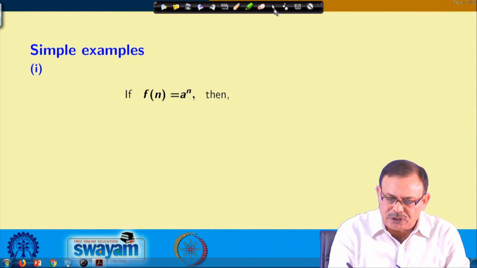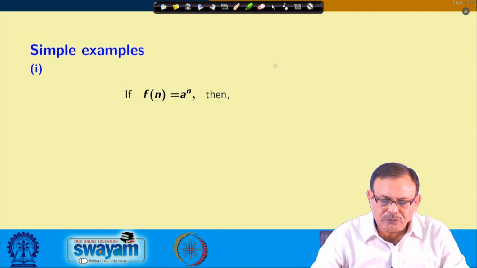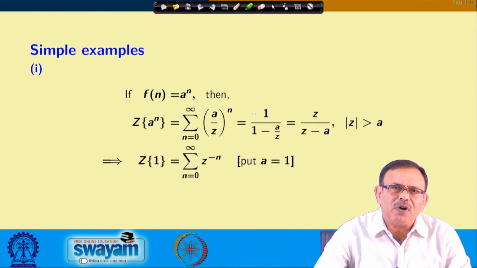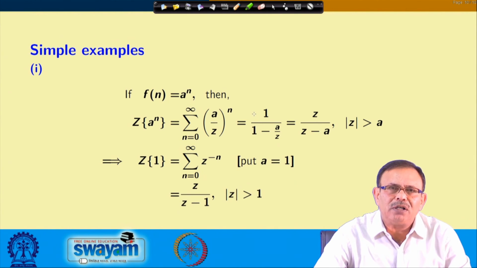Let us see it quickly. The Z transform of a to the power n, from the definition, I can write summation n equals 0 to infinity of (a by z) whole to the power n, which is equals z by z minus a, modulus of z greater than a. So, the Z transform of 1 I can find out by putting a equals 1, and this is nothing but z by z minus 1.